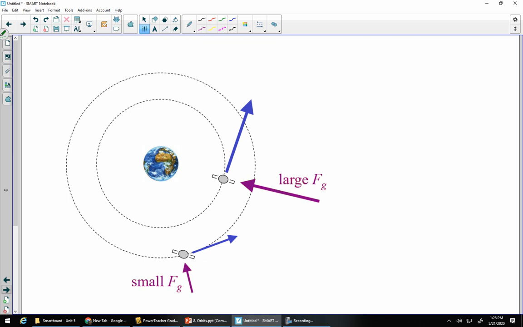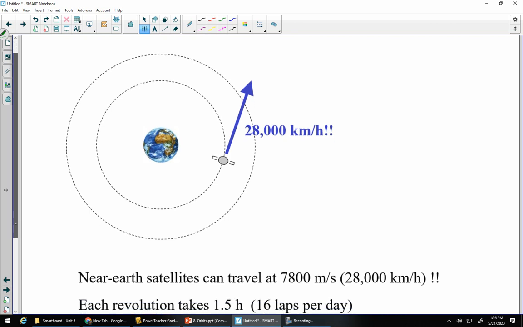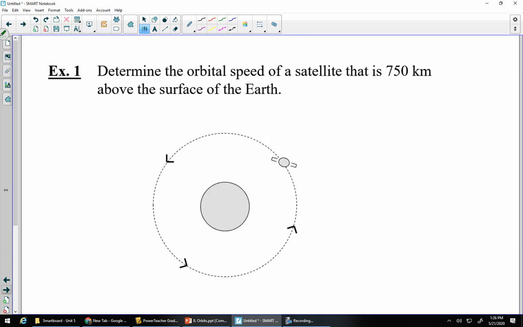You could also think about it as having to overcome gravity, because satellite 1 would have a larger force of gravity than satellite 2, so it would have to be going faster to overcome that force of gravity or that acceleration. Some of the satellites that are close to Earth can be going ridiculously fast, 7 to 8 kilometers per second, or 28,000 kilometers per hour. That's pretty crazy.